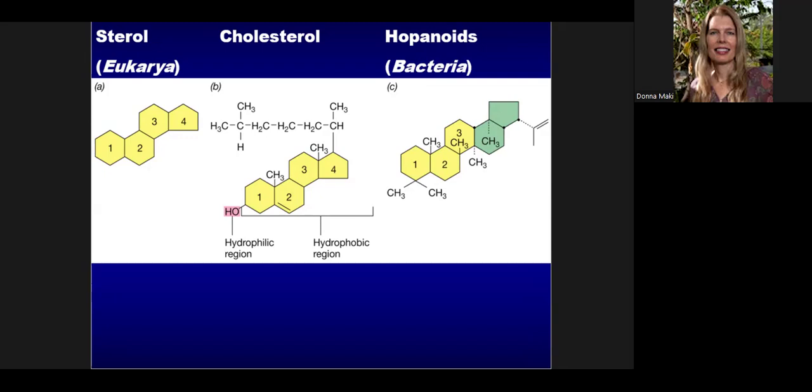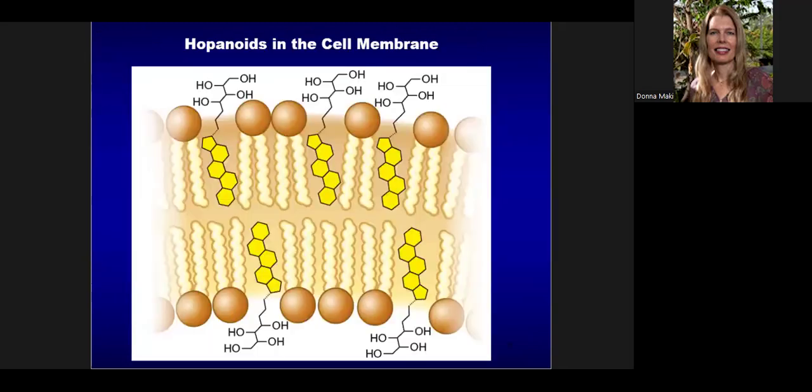So eukaryotic cells don't seem to have hopanoids. All right, so it seems to be special for the domain bacteria. And here's a close-up showing how they're interspersed in the bilayer. And again, they think that it's there to give a little bit of structural rigidity and support.